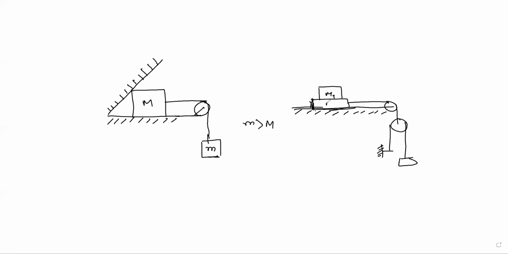There is M1, M2, and M3. So draw the FBD of each block shown in the figures.